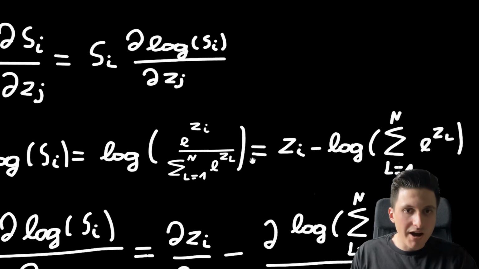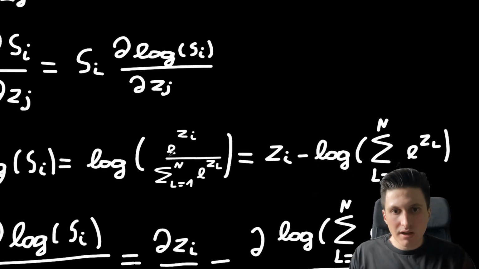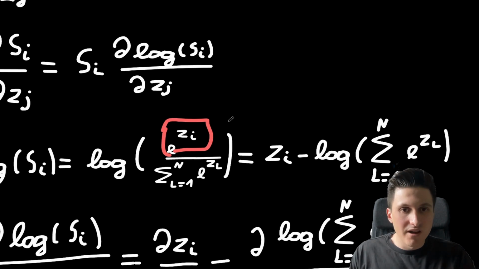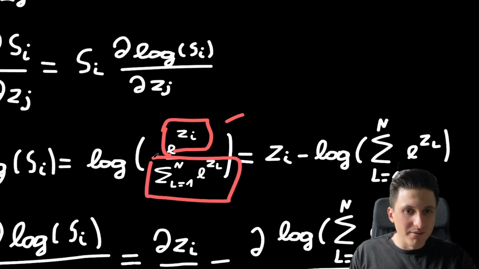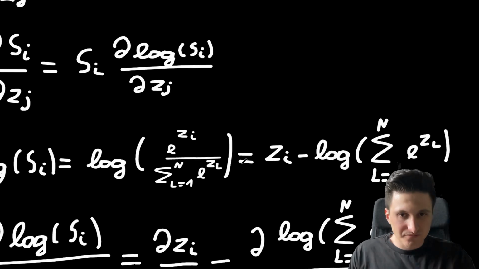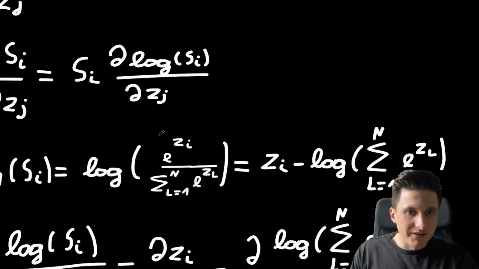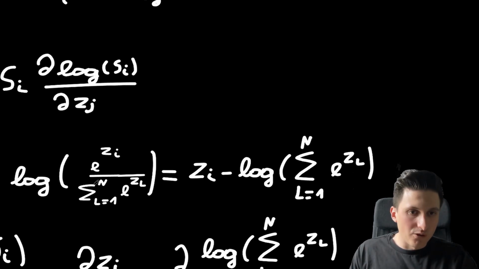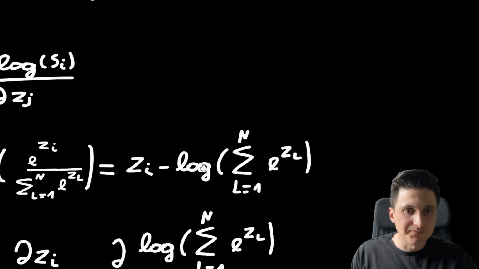And as you probably know, the logarithm of a division is the logarithm of the upper part minus the logarithm of the denominator, and the logarithm of the exponential is just the exponent, so it's just Zi minus the logarithm of the denominator. So he writes it out like this.